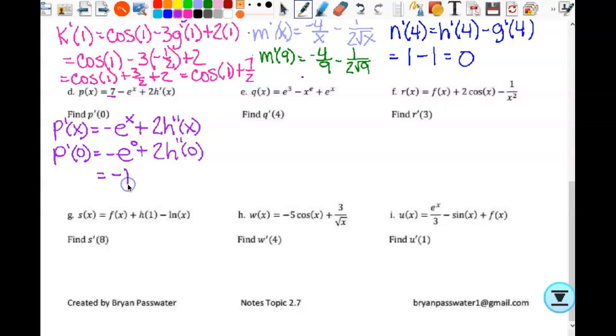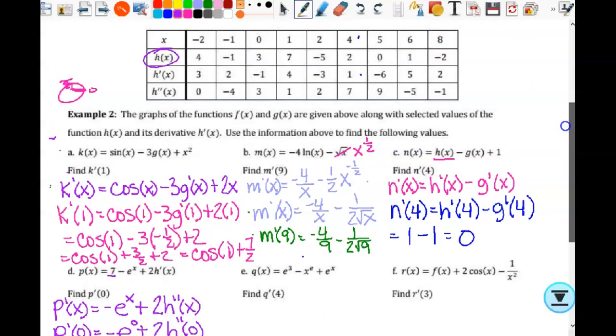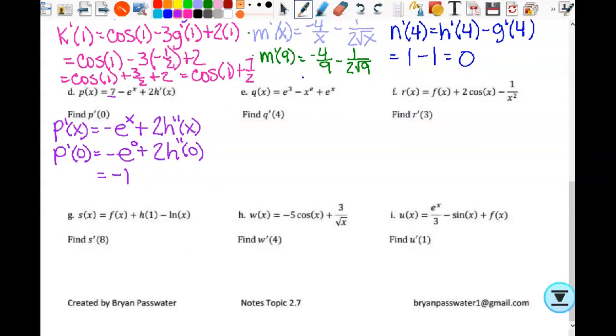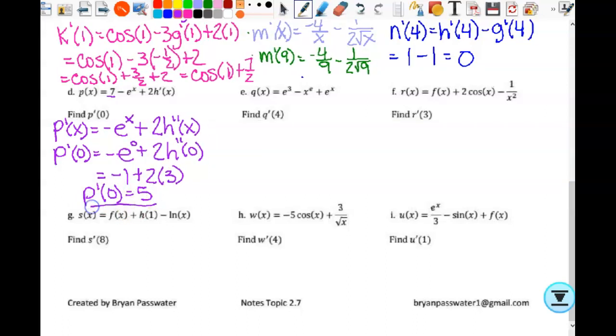Negative 1, very good. How do I know what h double prime of 0 is? The table, yes. So I go to the table, h double prime of 0 is 3. So I get negative 1 plus 2 times 3. That's 6 minus 1. P prime of 0 equals 5. Okay, not that bad, no.